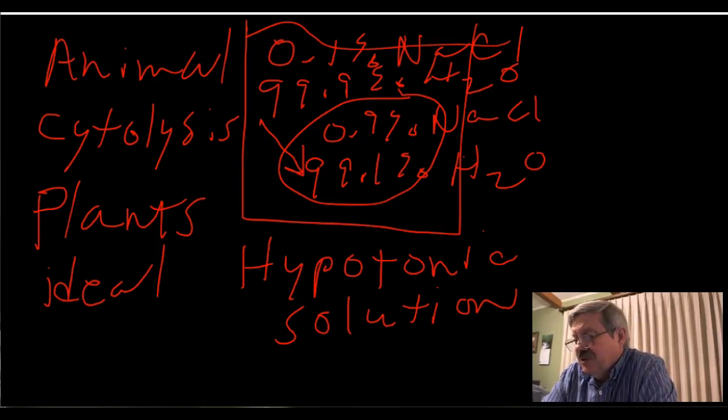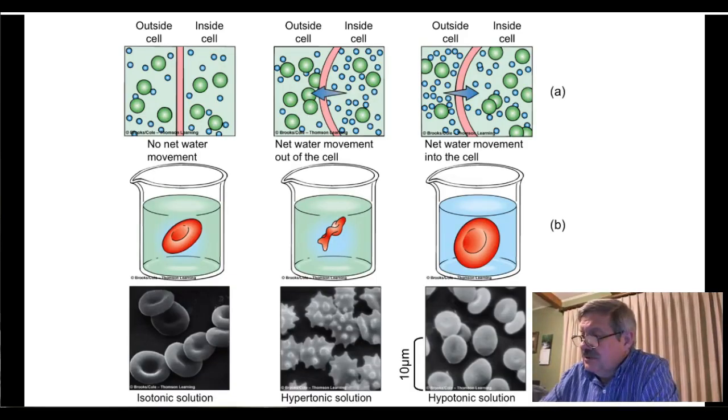So it doesn't work so well for animals, but it does work quite well for plants. Okay, let's go to another one here. So, we've looked at equal to, less than, isotonic and hypotonic. Let's look at greater than. So, here's our, if I can get it to draw.